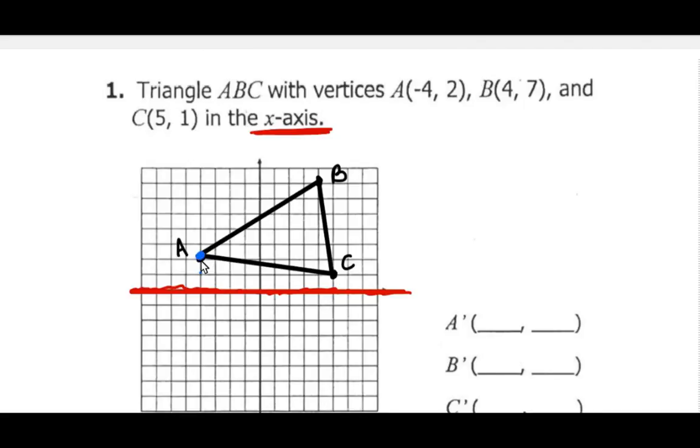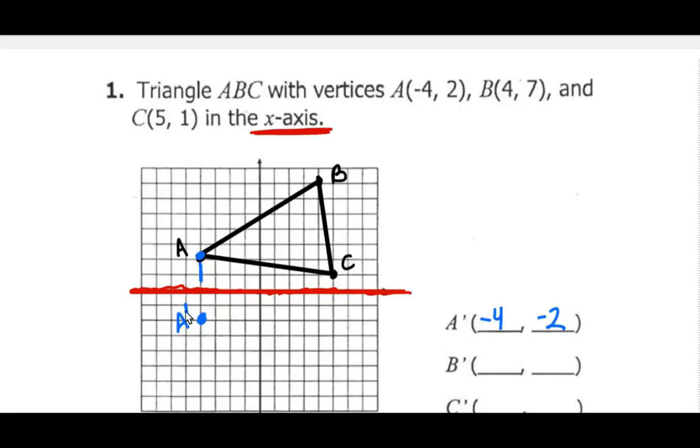A is 2 units from my line of reflection. So that means if A is 2 units above the line of reflection, my new A is going to be 2 units below. And we call this A prime.